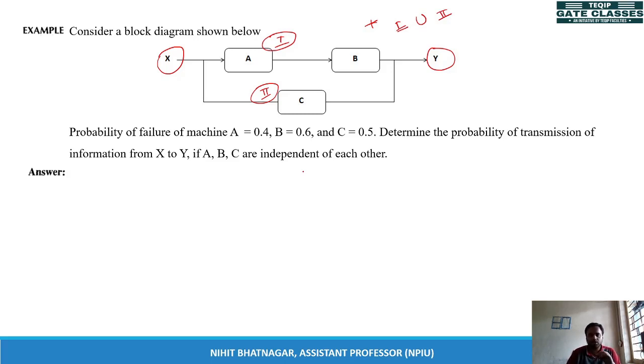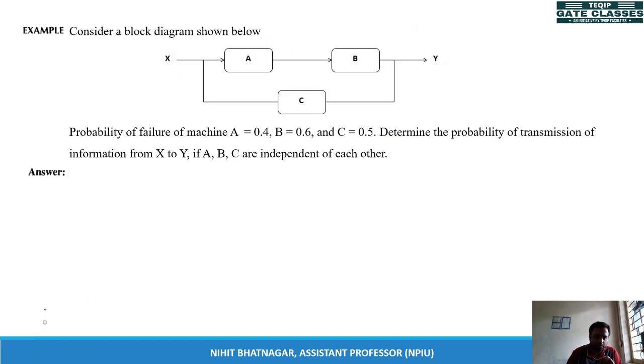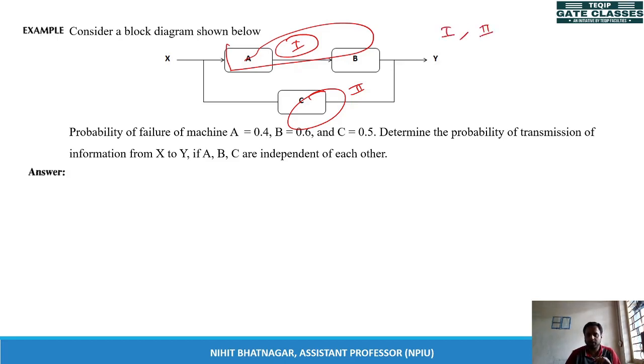This is the first assembly line, and this is the second assembly line. The message can be transmitted from X to Y either from the first or from the second, or both first and second.